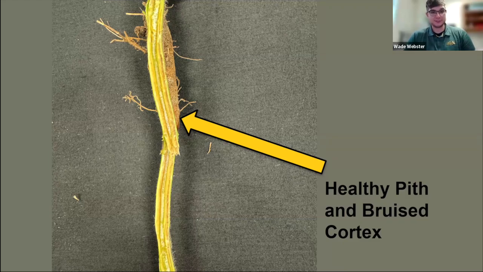That looks very healthy still. Now, on the inverse, if we were looking at brown stem rot, it would be exactly the opposite. That center pith would be rotten out while the cortex is still very white. Okay, so by taking these stems and splitting them, we can see very clearly that this is most likely a symptomatic SDS infected plant.